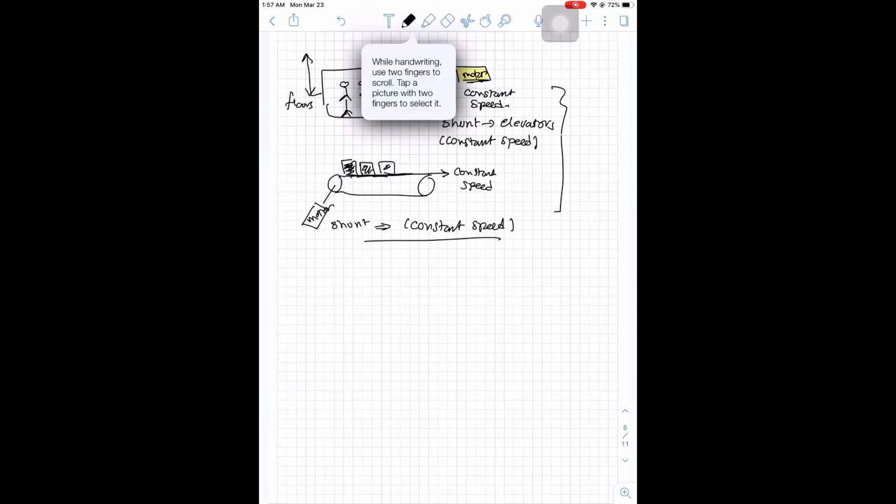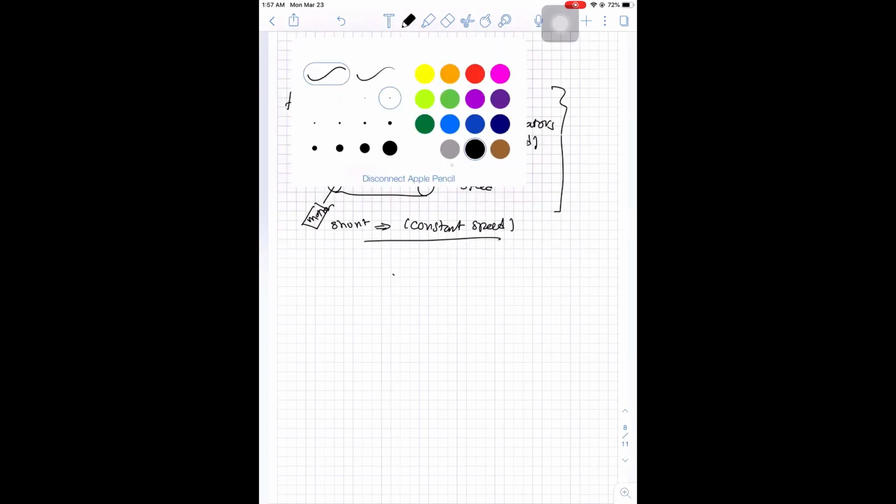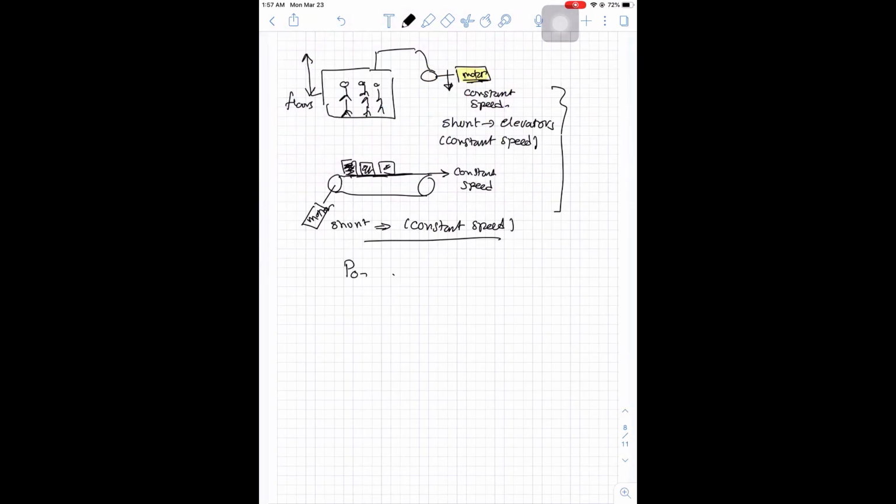P output 2 equals P developed 2 minus P mechanical losses. As you can see, we gave subscript 2 to P developed because it will change, but the mechanical losses are constant, so we do not give them a subscript. So P output 2 will be E armature 2 times I armature 2, minus the mechanical losses, which is 732.